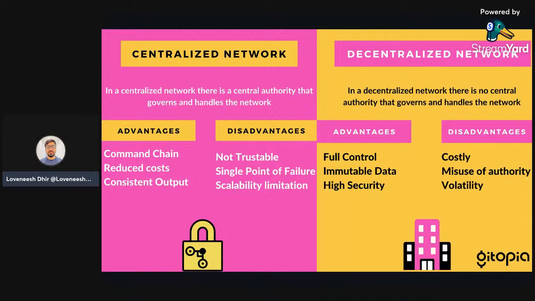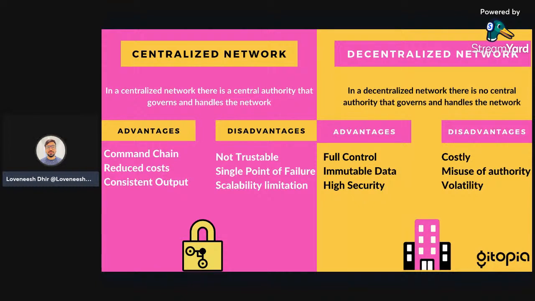Talking about other advantages of decentralized networks over centralized networks, there is censorship. Decentralization also means less censorship or no censorship. In a centralized system there are many chances that information can be censored.